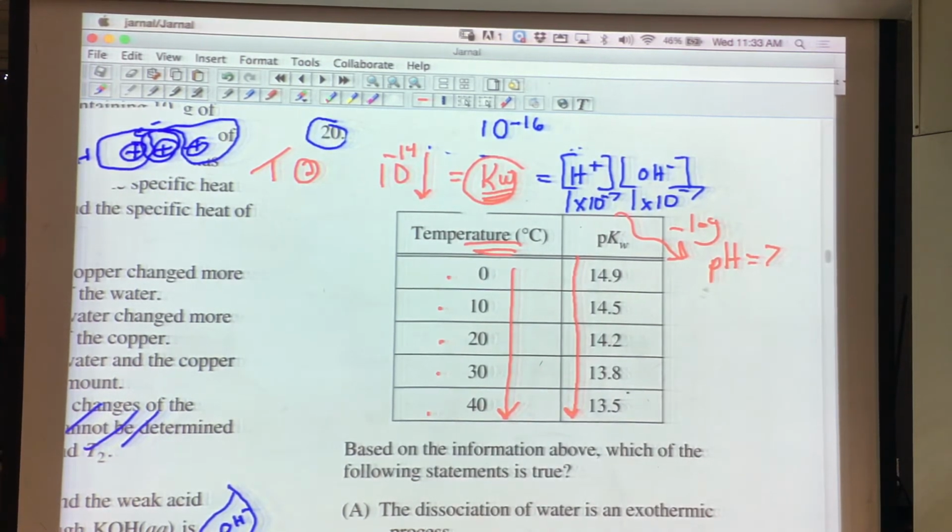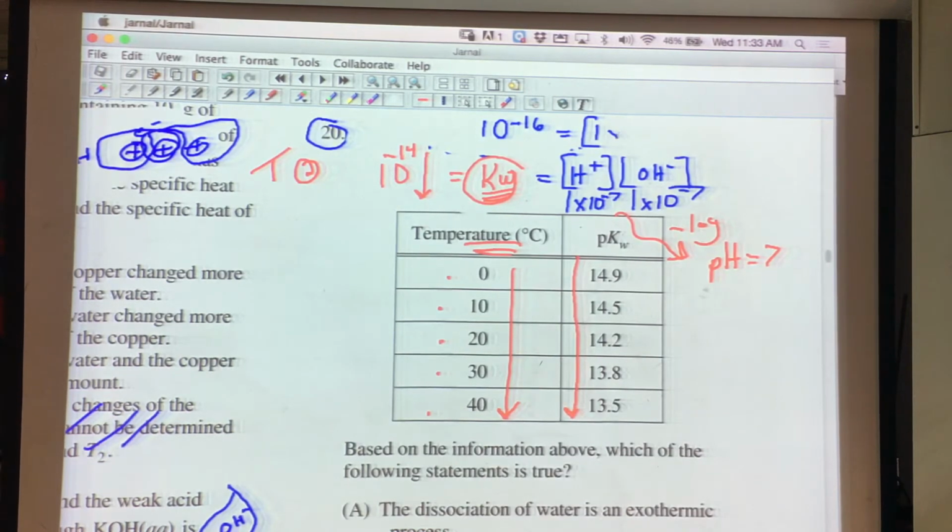Okay? Now, think with me for a second. If my pKw is getting smaller, that's the what? Negative log. So this is becoming what? Smaller. Now, if I make this number smaller, okay, what do I have? Well, I'm making this number up.